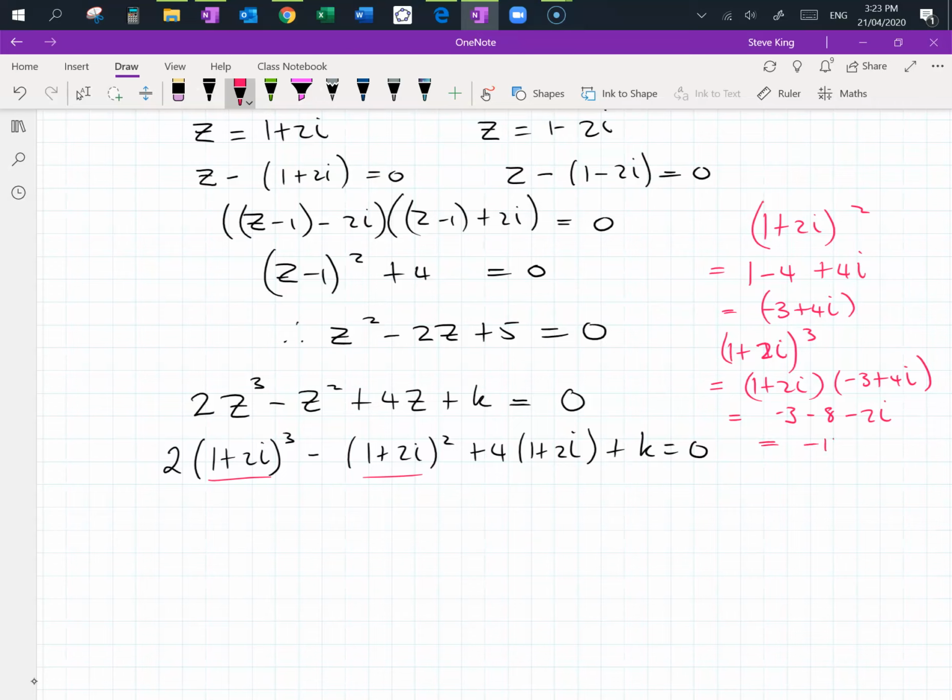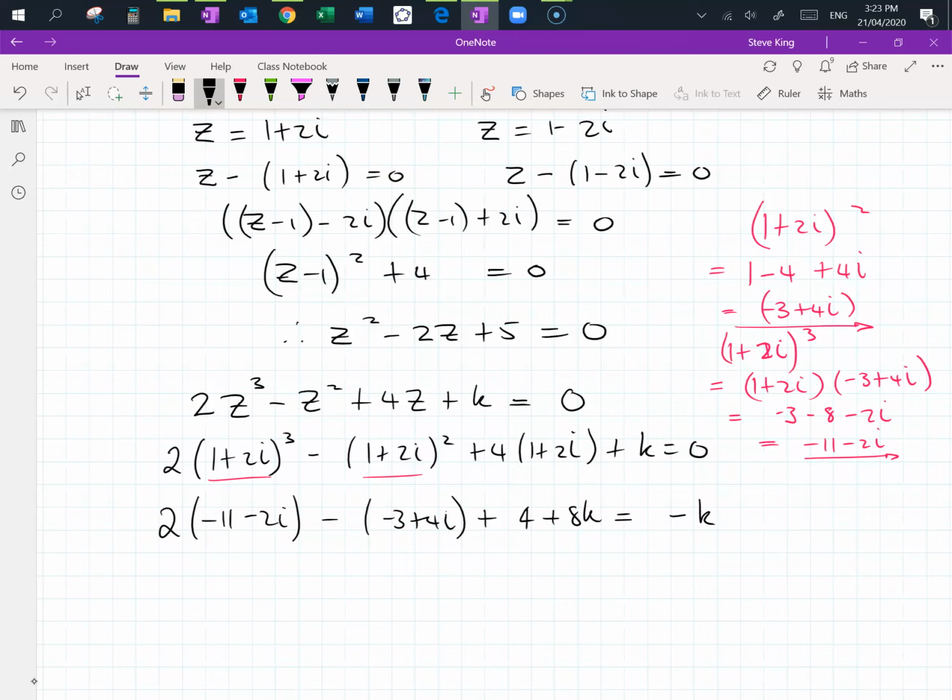So in other words, it's going to be minus 11 minus 2i. Right, so all I have to do now is to go and put those things into their relevant places. What have we got? We've got 2 times (minus 11 minus 2i) minus (minus 3 plus 4i) plus 4 plus 8i is going to equal minus k.